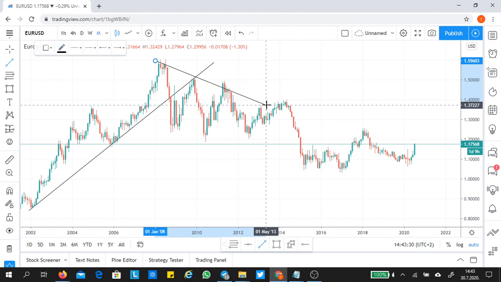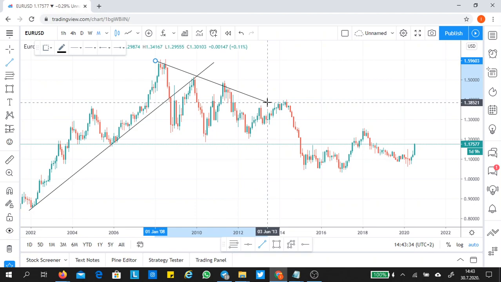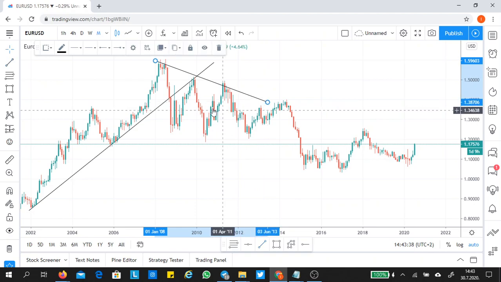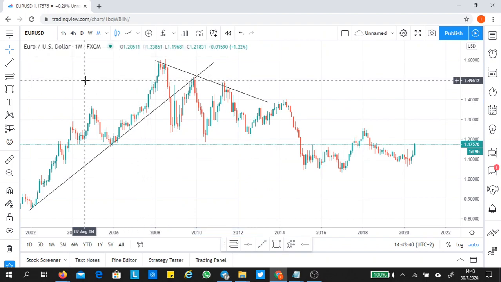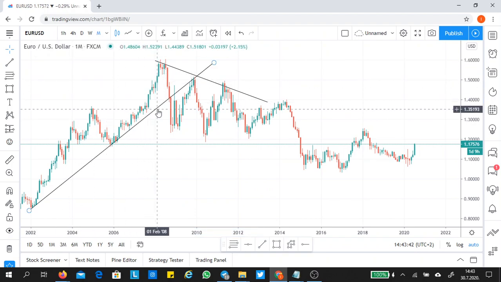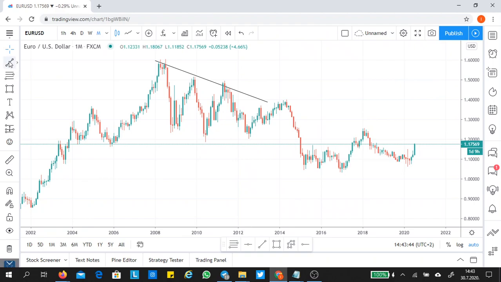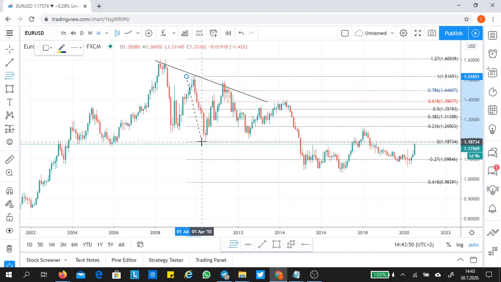We would draw a trend line something like that, so as to tap as many candles as possible, not to cut the body, you can cut the wicks. And we would now, let's say, draw our Fibonacci here from this top to this bottom.